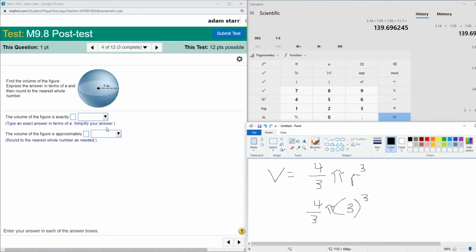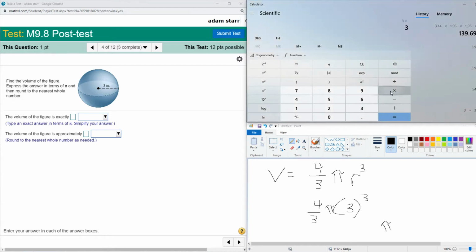Okay, now it wants it in terms of pi, and then we're going to round. So I'm going to first write in terms of pi. So I'm going to leave the pi as is. I'm going to actually have pi in my answer. So all I want to do is do what the 3 cubed is, and then multiply that by the 4/3. So I'm going to do 3 cubed first. 3 times 3 times 3 is 27.